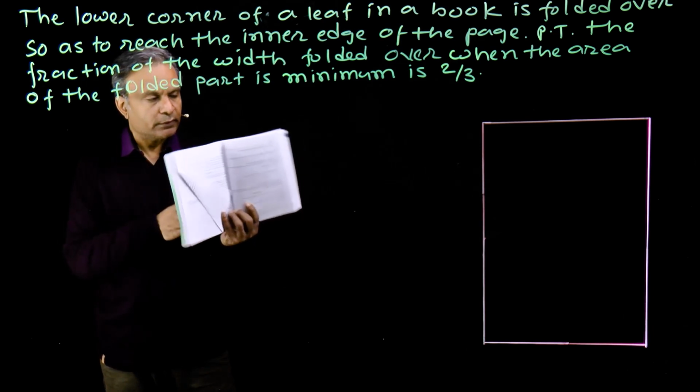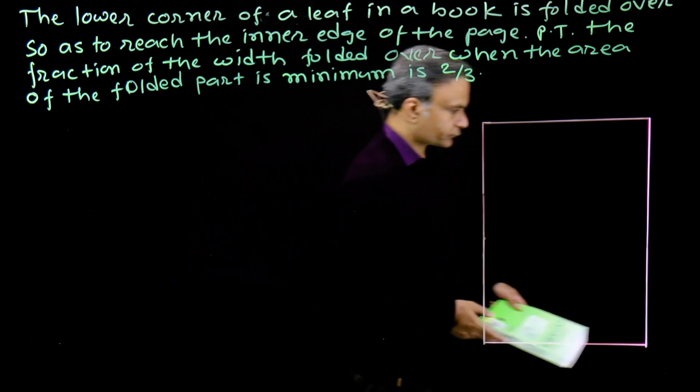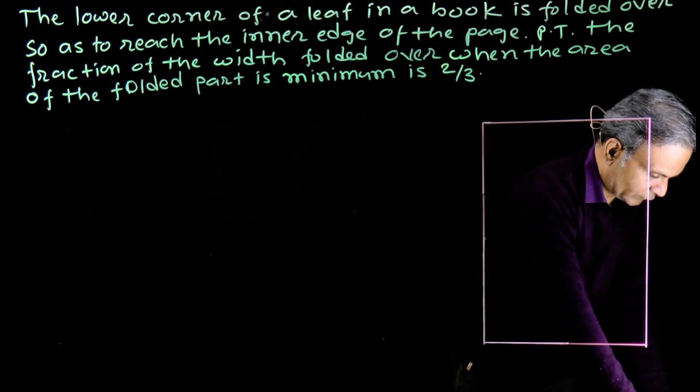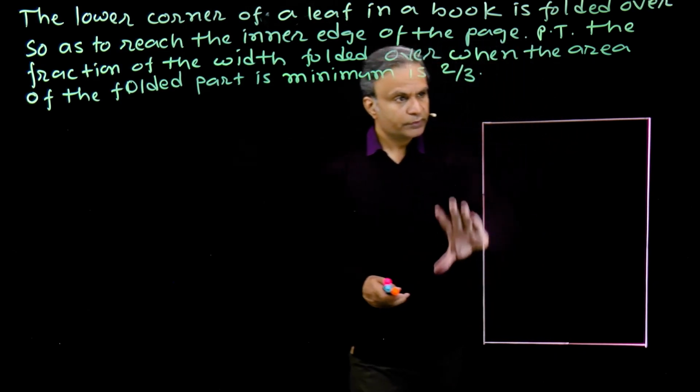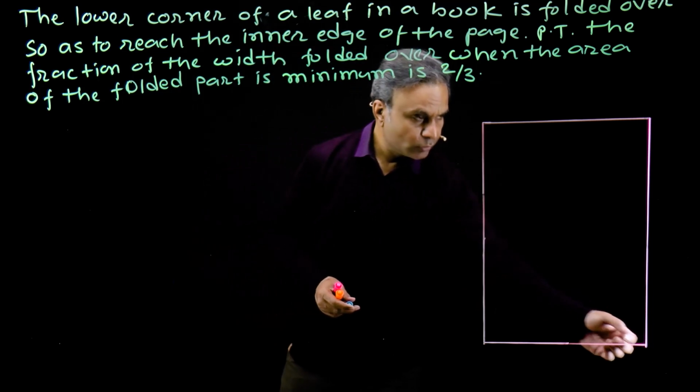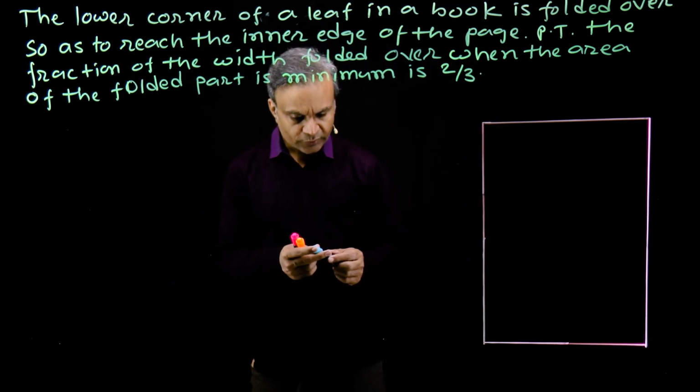Okay, let's draw the figure. Figure draw करते हैं. Here this is the leaf of the book, okay. This is lower corner and this is the inner edge, okay.